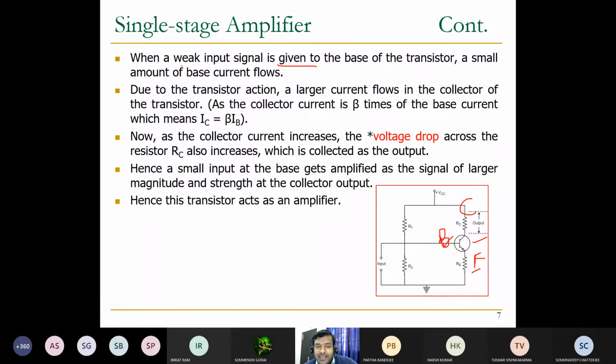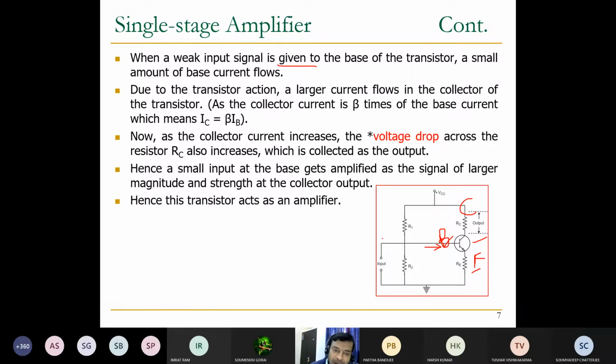So when a weak input signal is given to the base of the transistor, a small amount of base current will flow. This is true. Signal is weak, so a small amount of base current will flow.